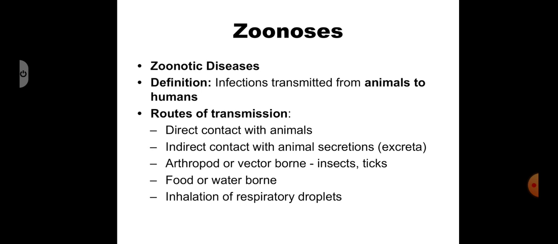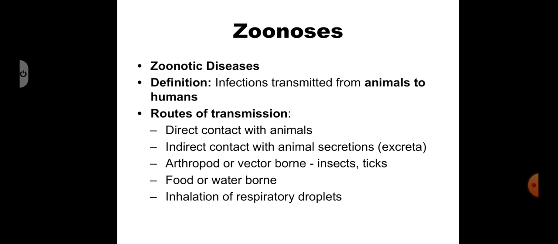Then indirect contact with animal secretions, be it animal excreta, urine, saliva or blood, you can get an infection. Like when you come in contact with rodent excreta, you get diseases like leptospirosis. Next, arthropod or vector borne, which are infections acquired when you are bitten by certain insects and ticks.